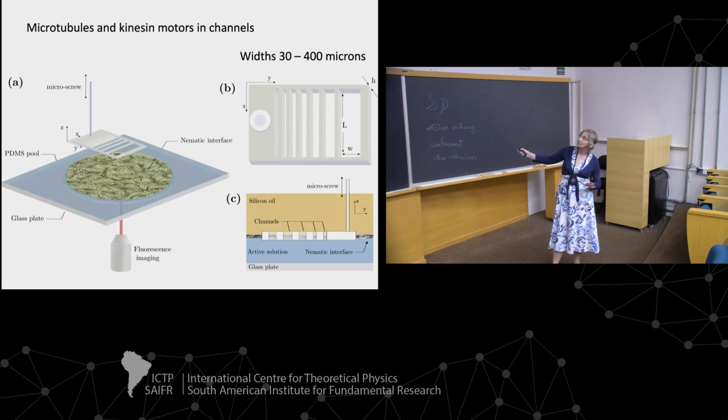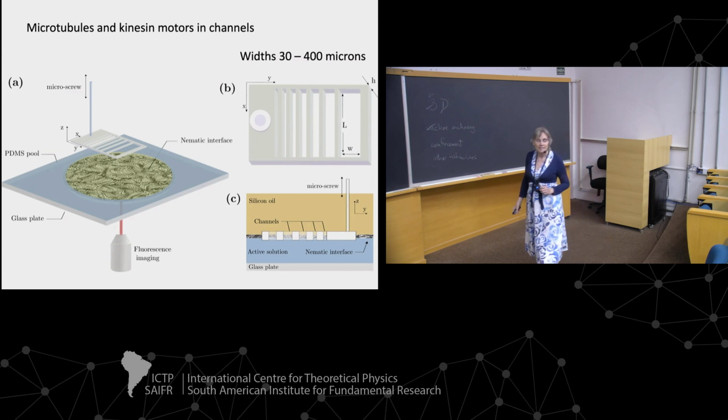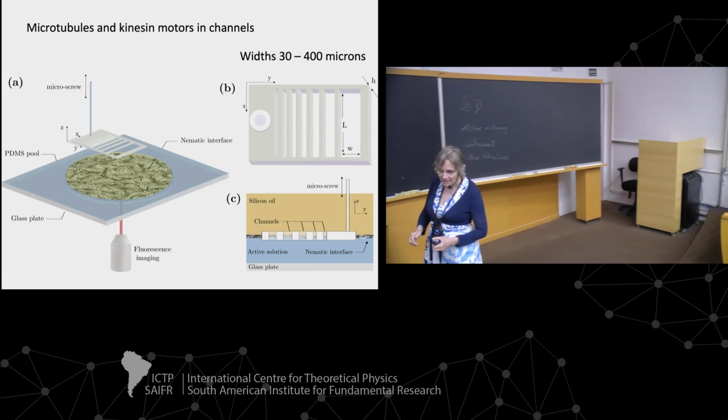By using this, they'd have the microtubule motor mixture underneath it, so they'd have the same stuff in each of the channels, which makes it easier to compare them. And the widths are 30 microns, and these are about 400 microns. So let's have a look at the results of the experiments.